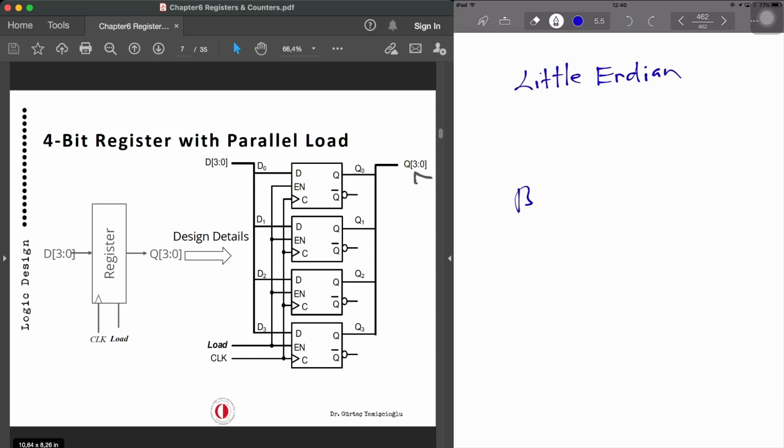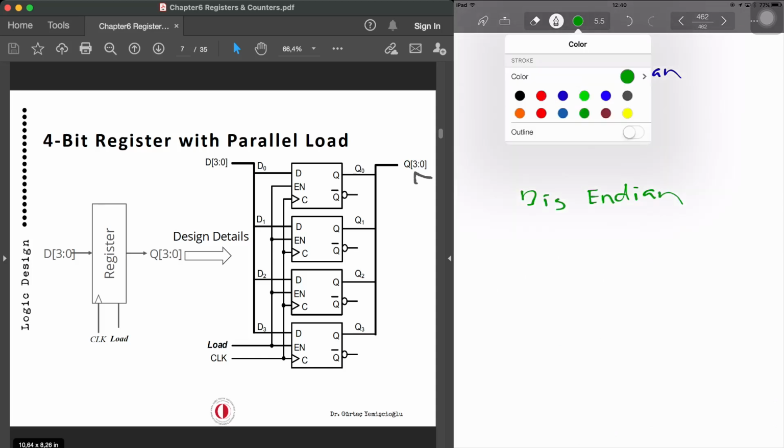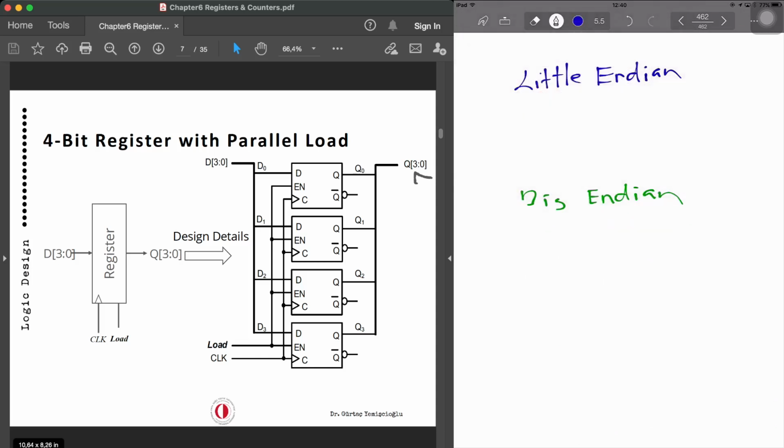Maybe I have to change the color. So, big endian. Now, little endian means ending with little, actually. So let's say I have got a 4-bit register. Okay.